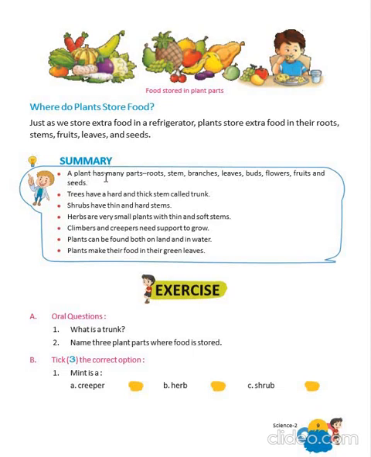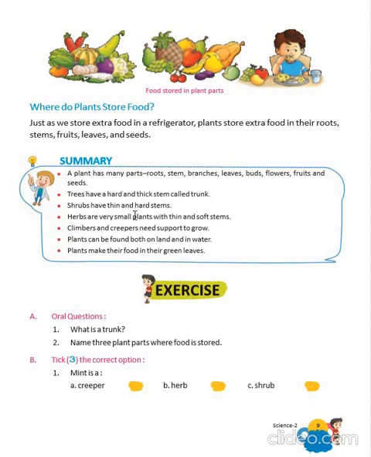Now come to summary. A plant has many parts: roots, stem, branches, leaves, buds, flowers, fruits and seeds. Trees have a hard and thick stem called trunk. Shrubs have thin and hard stems.